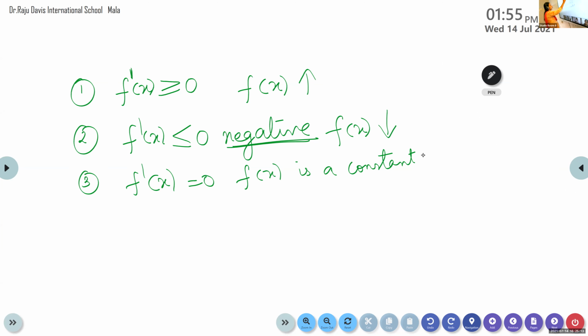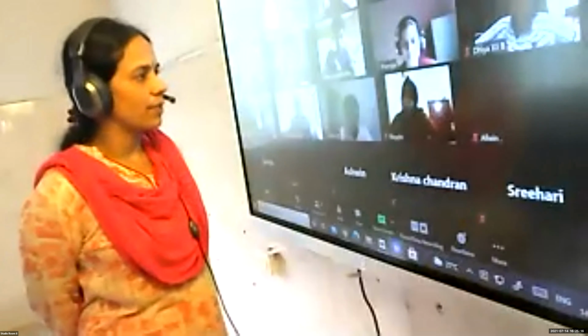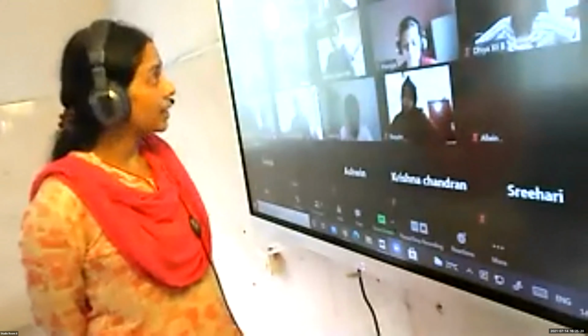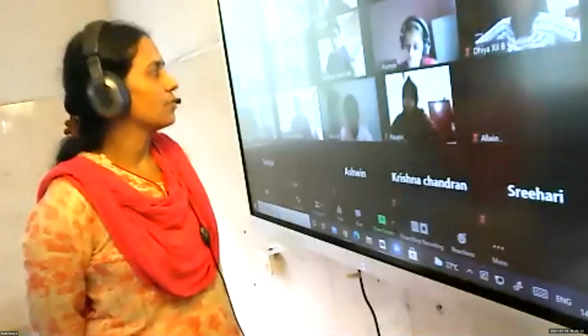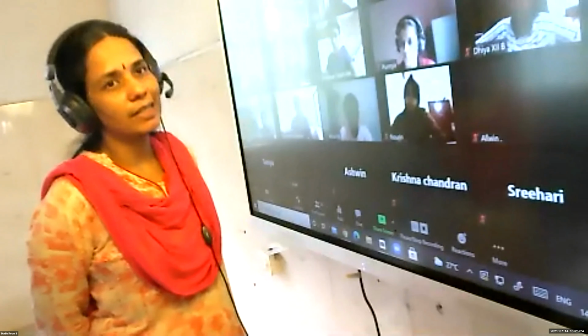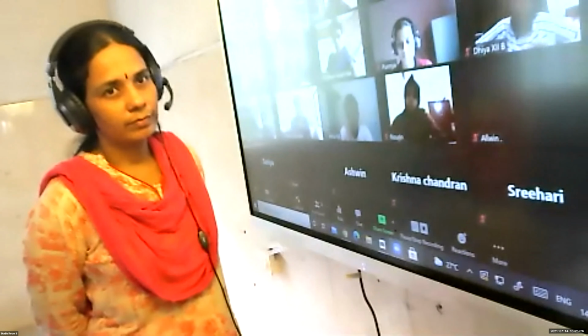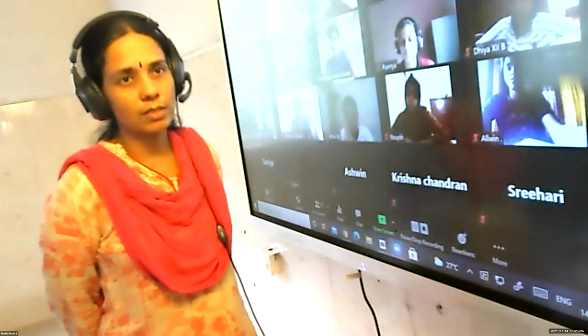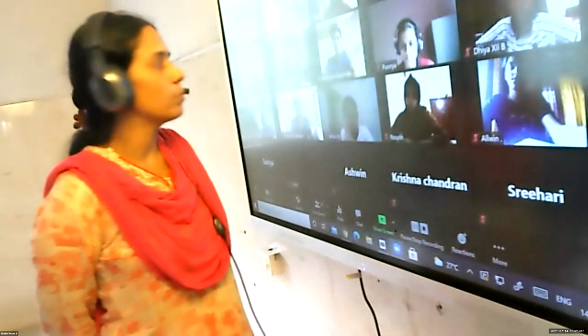So, based on derivatives, what is the condition for the given function to be increasing? F dash of x is greater than or equal to 0. It should be positive.